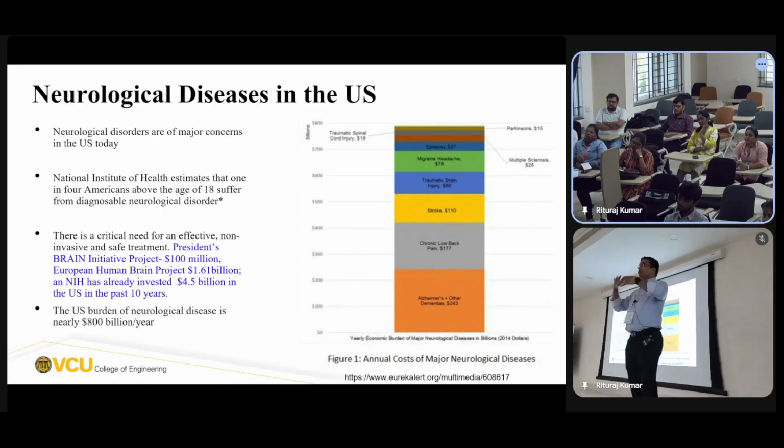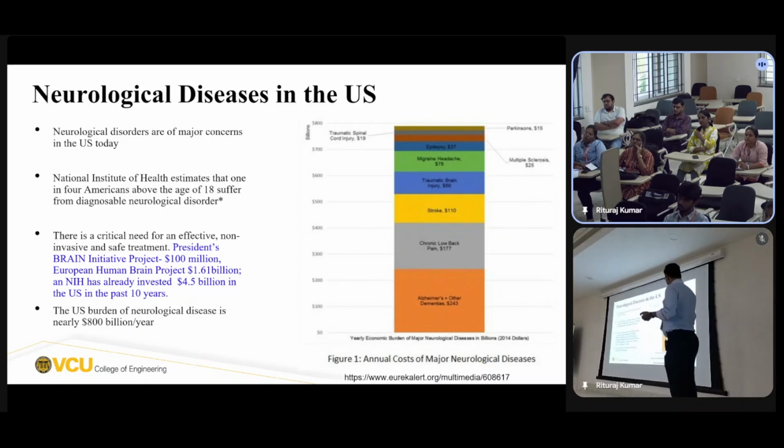Psychiatric means if you do brain imaging, you can't see anything different. It looks like a normal brain. Whereas with neurological, you will see some difference, right? So those are psychiatric and neurological diseases.